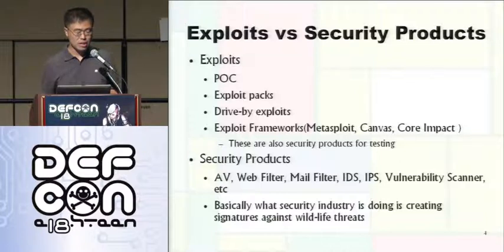And basically what the security industry is doing is creating signatures for vulnerabilities. So they have a matching signature for each matching vulnerability. Even a vulnerability scanner has its own signatures for every matching CVE number or something.